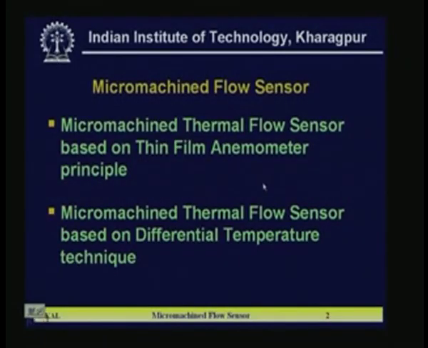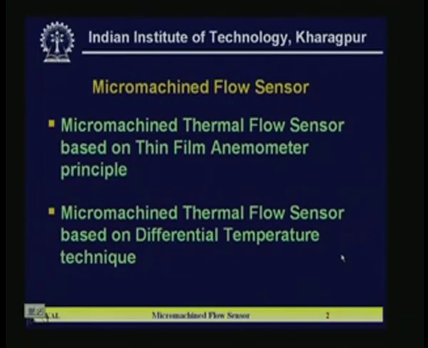Out of those two, the first one, thin film anemometer, has certain advantages and disadvantages, but the second one, the differential temperature technique, is well accepted, because there the individual temperature of the heater or sensor is not important, but the difference of temperature between the two heaters is important.